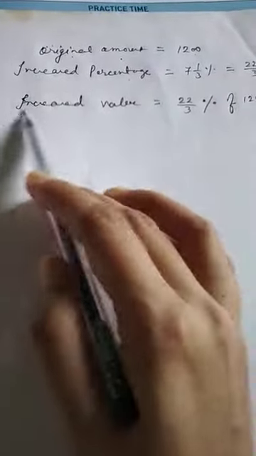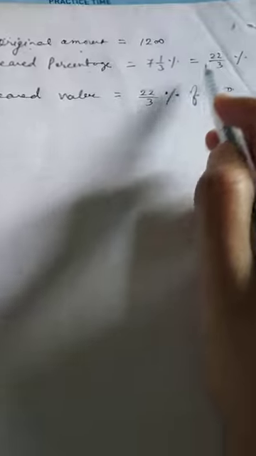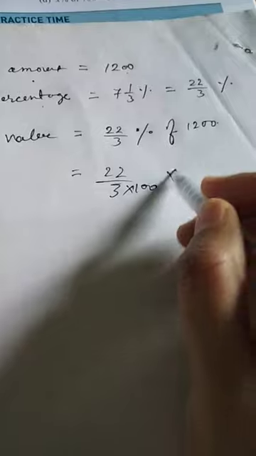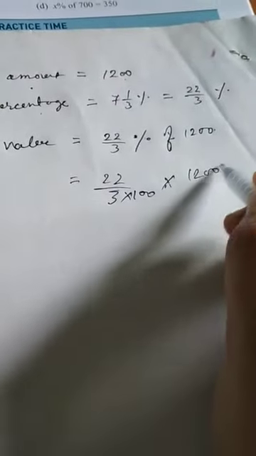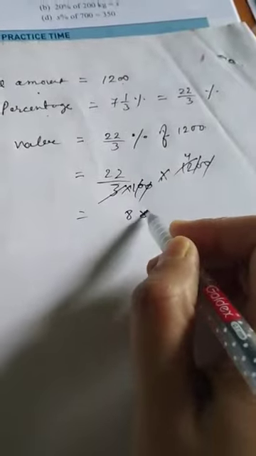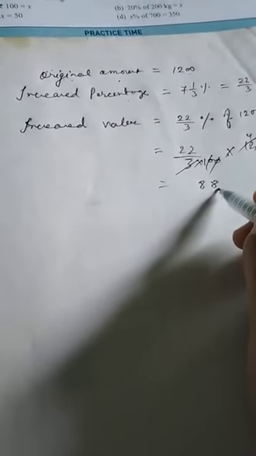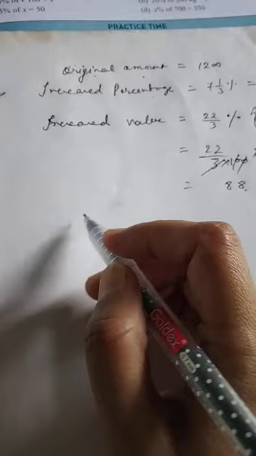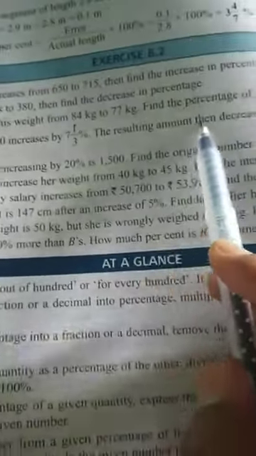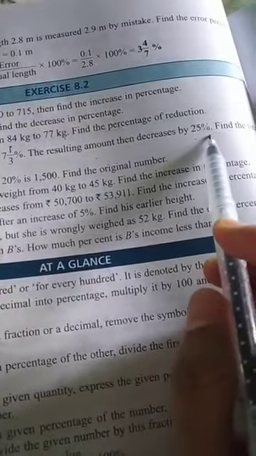So you have to first find the increased value. Increased value will be what? This much percentage of 1200, means 22/3 percentage of 1200. Just calculate it. 22/3 and percentage is here, means 100, of means multiply 1200. Just cancel out. 3 4 ja 12, 4 2 ja 8, 4 2 ja 8. 88 is the increased value. And we know what is the next part of the question, that the resulting amount then decreases by 25%.